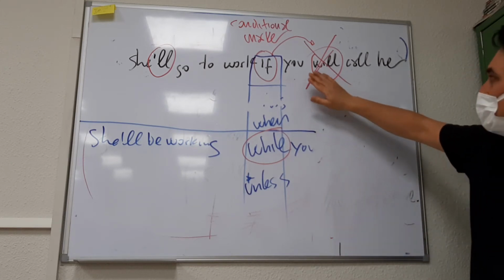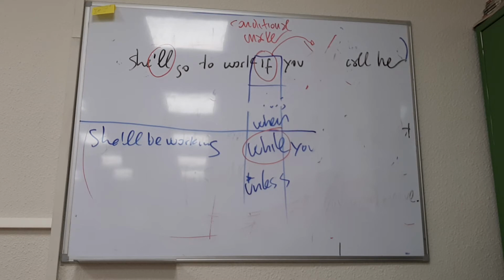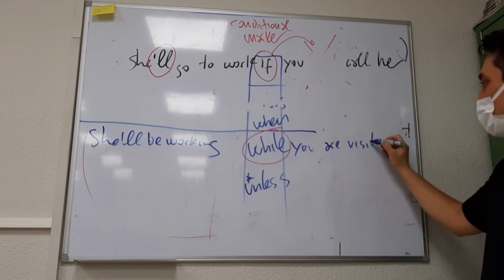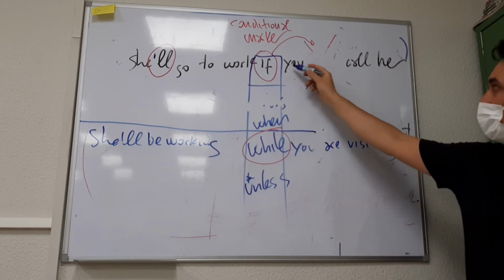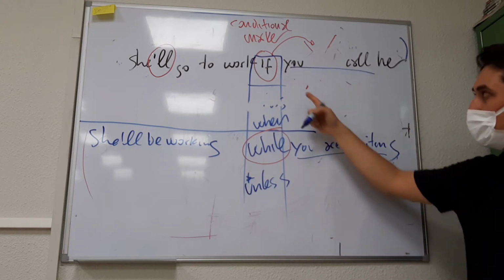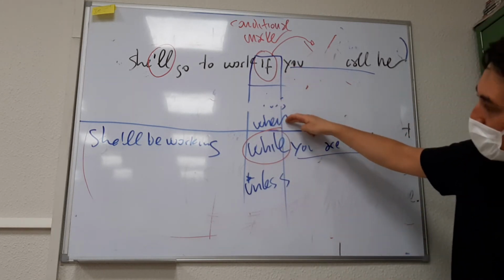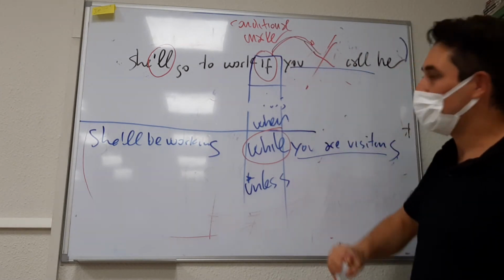We can use present simple, you call her, or in this case, present continuous, while you are visiting. As long as you don't use will, you can use present simple or present continuous after conditional markers. If, when, while, unless. After them, never use will.